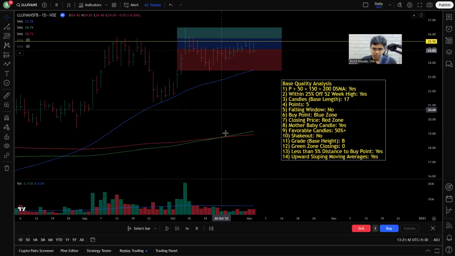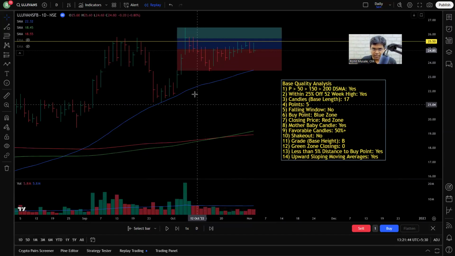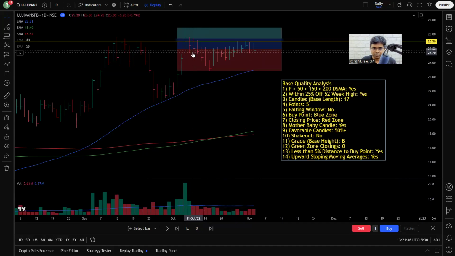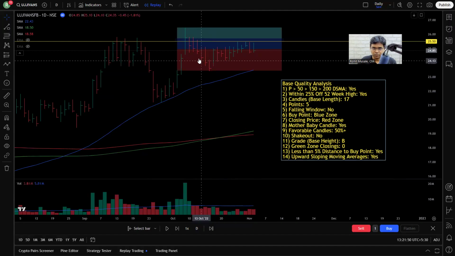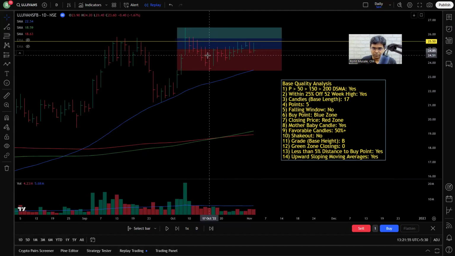Now, if you see most of these candles from here, from this candle, everything is low volume. So from this, 1, 2, 3, 4, 5. See, 5 candles. Then these three, all low. 1, 2, 3. 5 plus 3, 8.